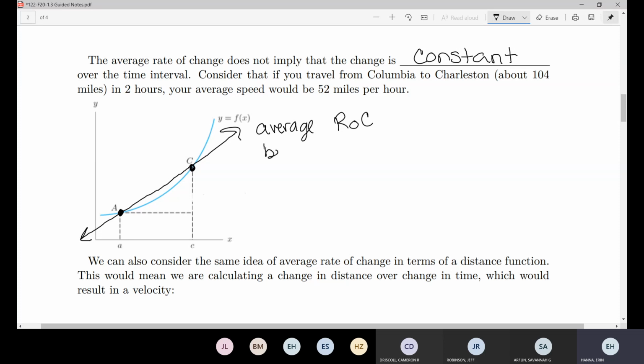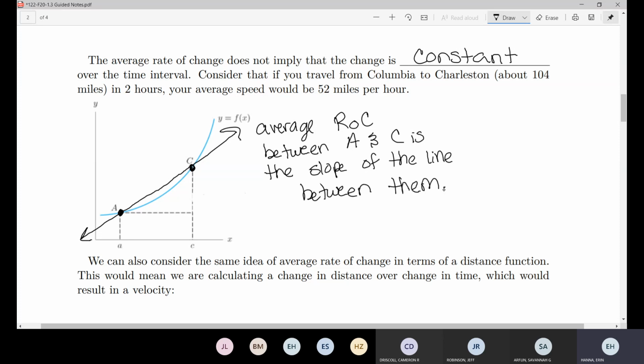So the average rate of change between A and C is the slope of the line between them. That's what I was getting at by saying the average rate of change is technically a slope, but it's used in a context where we don't have a straight line, but there is a straight line involved. It's the slope of the line between the 2 points, but it might be in the context of something that wasn't originally a straight line.